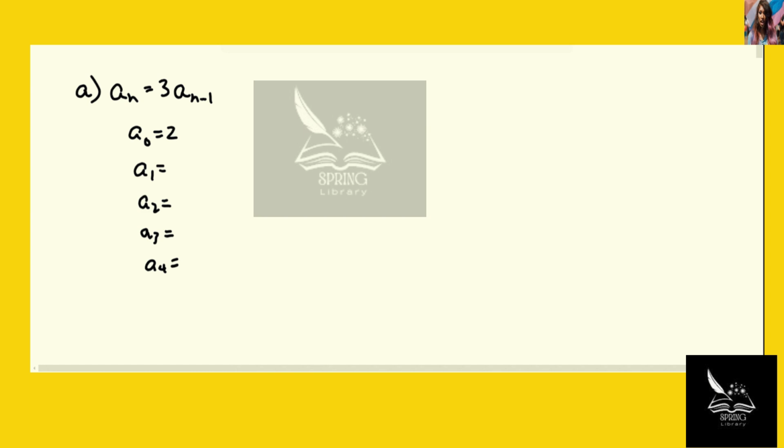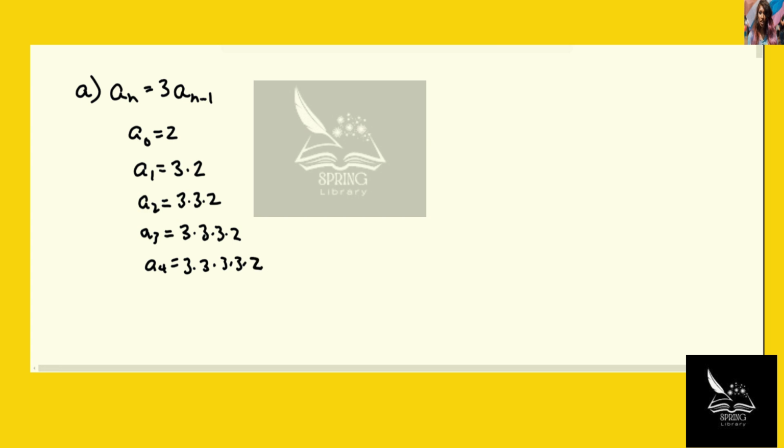So a sub 1 means I take 3 times my prior one. So that'll be 3 times 2. How about a sub 2? Well, that's going to be 3 times the prior term, 3 times 3 times 2. Well, a sub 3 will be 3 times the prior term, which is 3 times 3 times 3 times 2.